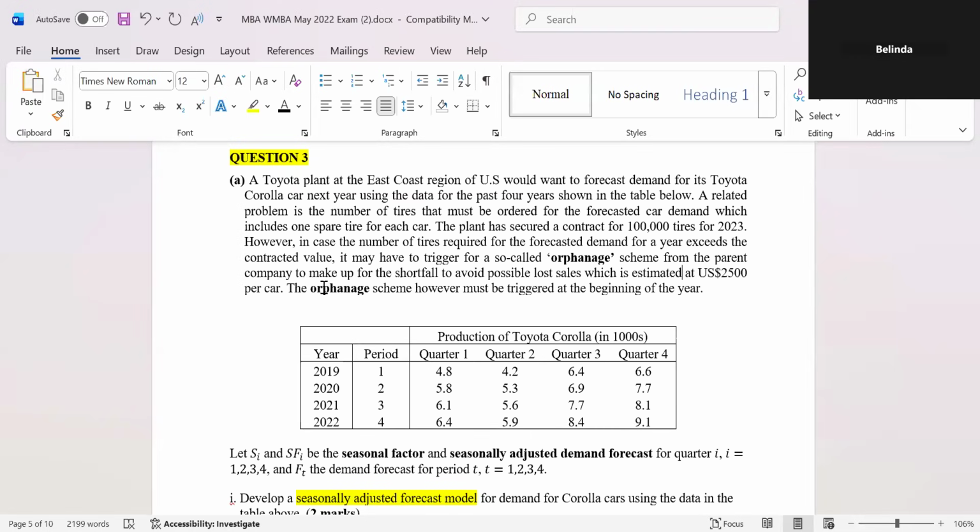Listen, my dear, you don't know how we got it, so you decided not to write it down, even though it was said many times. Is that how you learn? We have explained how we got that 162,000 all this while. We added the quarterly demand up to now. Now that we've gone ahead looking at the orphanage issue, remember how we got that 162? Yes, Abdul.